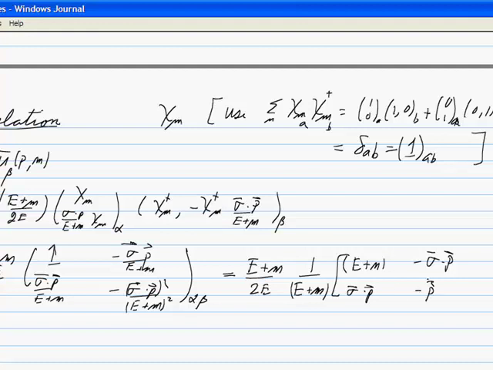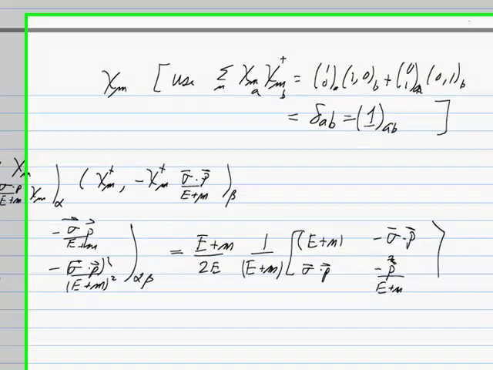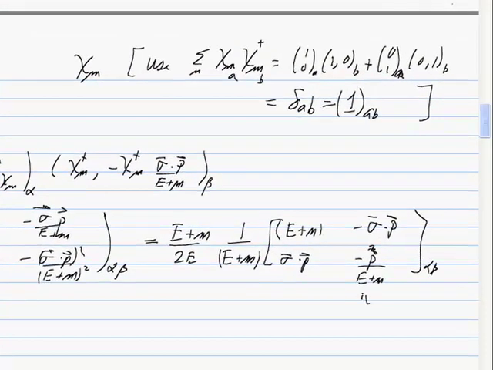This is minus p squared over e plus m, alpha beta, and this guy I write in the following way: p squared is e squared minus m squared, so this is minus e squared minus m squared over e plus m, equals minus e minus m.